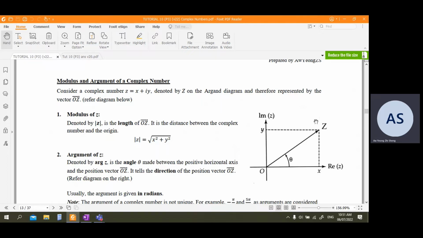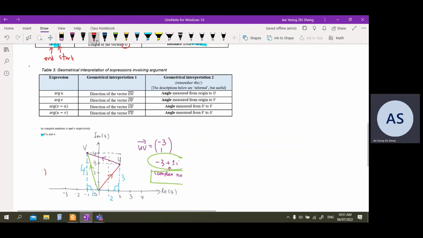That slanted vector is the vector representation of that complex number z. So in this case, argument of u will be the angle measured from the positive x direction towards the vector representation of the complex number u, which is this angle that I'm labeling as theta on the diagram.